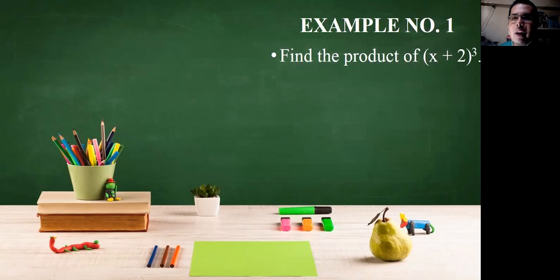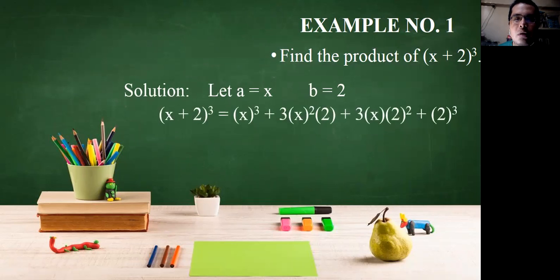We're going to find the product of (x plus 2) raised to the third power. For our solution, we let a equal x and b equal 2. We substitute in the formula.